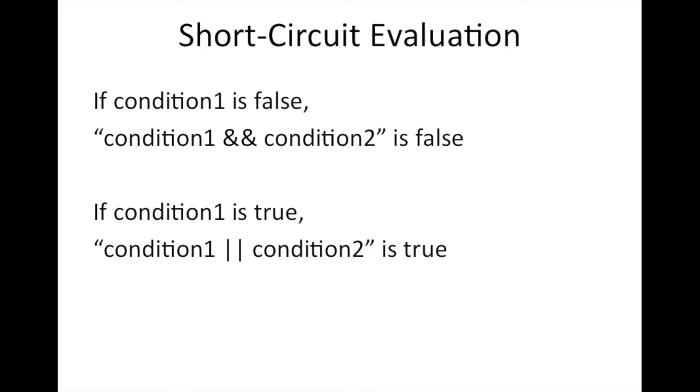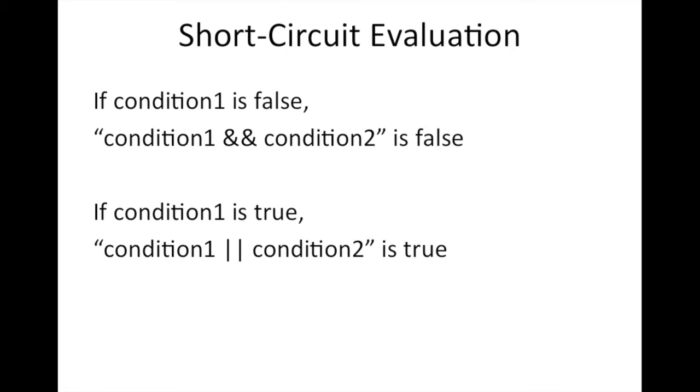In and or operations, the left operand is always evaluated first. There may be situations when its value predetermines the result of the operation. For example, if condition 1 is false, then the value of the expression condition 1 and condition 2 is false, no matter what the value of condition 2 is.